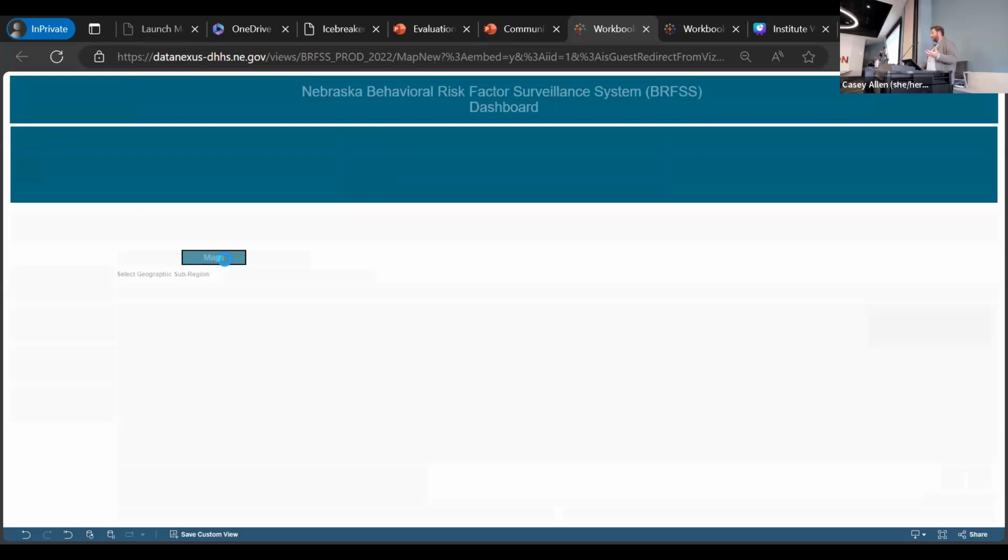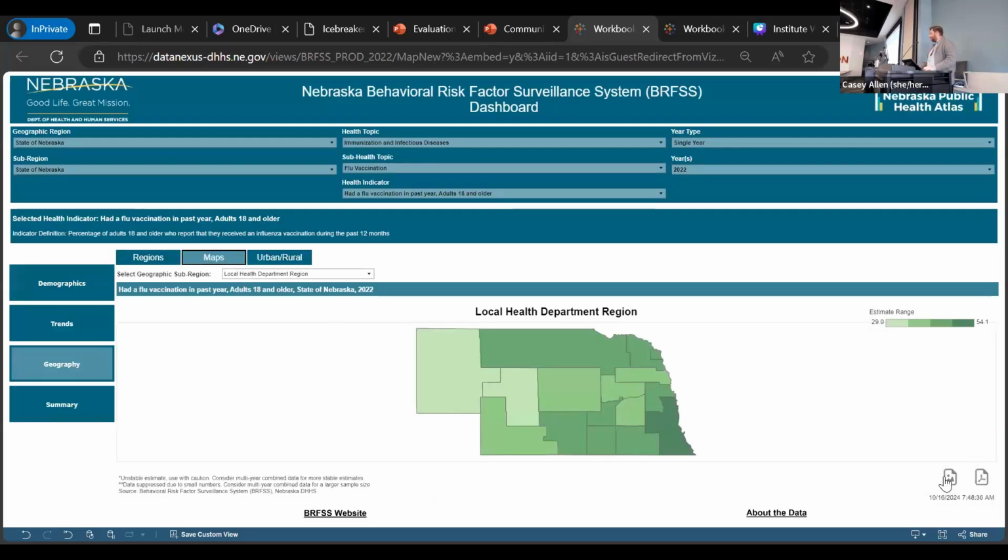You can also generate maps very easily here, and these maps can be exported to images or PDFs that you can include in presentations or anything else that you may want to include them for. Now, these again are broken down into local health department regions, and right now it's a little inaccessible in determining the vaccination rates, but by hovering over each of the individual departments, you can get the sample size information and the percentage of people who were vaccinated against influenza.